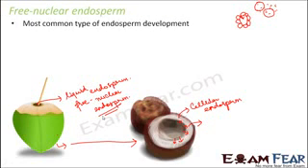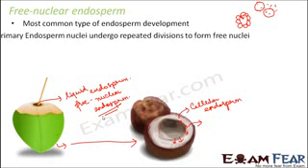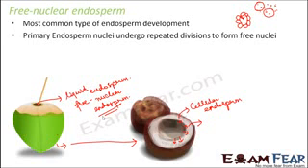When you talk about endosperm development, it develops from the primary endosperm cells, that is PEC. PEC undergo repeated divisions, and due to those repeated divisions a lot of free nuclei are formed. These free nuclei keep floating initially.